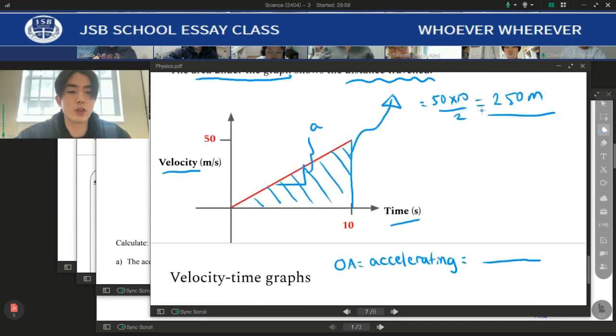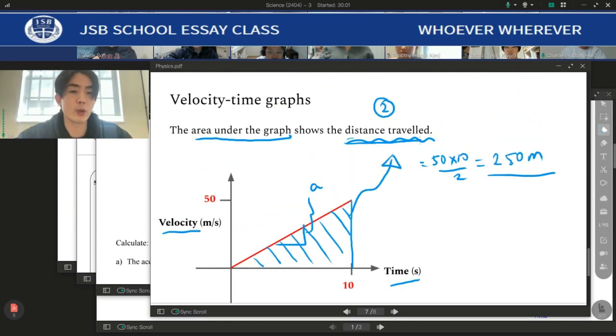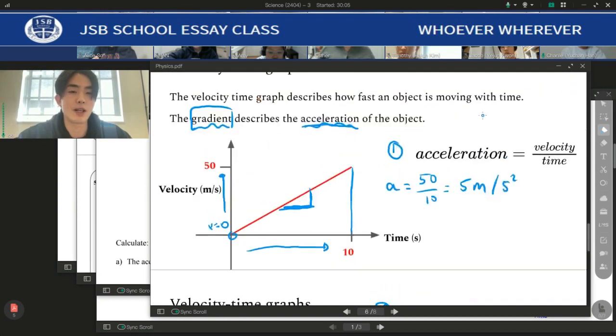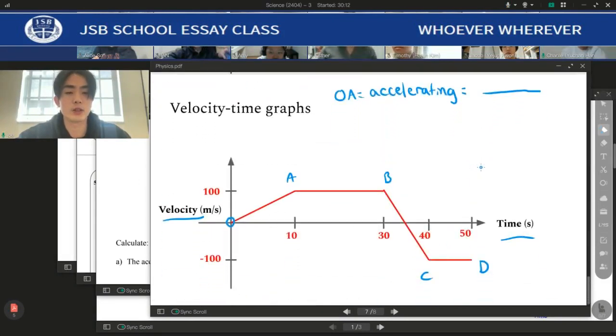But remember, that is for the distance. If you want to work out distance, then that's 500. Good. But I want to work out acceleration. So how do I work out acceleration? 10. Good, 10, because acceleration is the gradient. So 100 divided by 10, 10 meters per second squared.